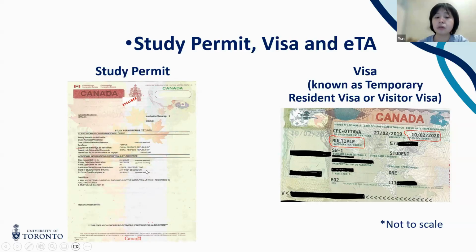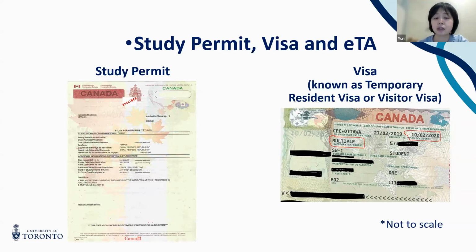To emphasize, you must have University of Toronto listed here in order to study at University of Toronto. But in terms of field of study, it's not that important. If there is a mistake, if it is not consistent with your program information, it doesn't affect your ability to study.